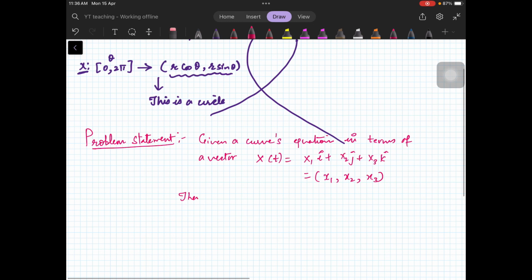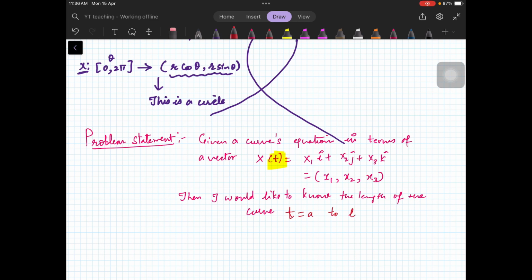Then I would like to know the length of the curve. Now you see your curve's points are parameterized by t. So you want to know what is the length of the curve from t equal to a to t equal to b. Does that make sense?